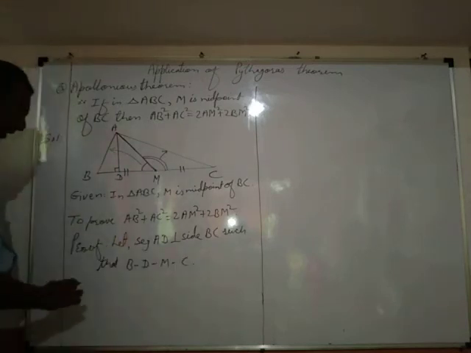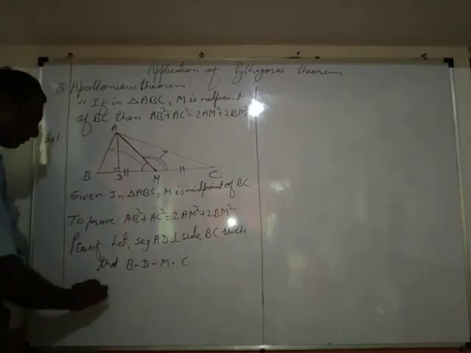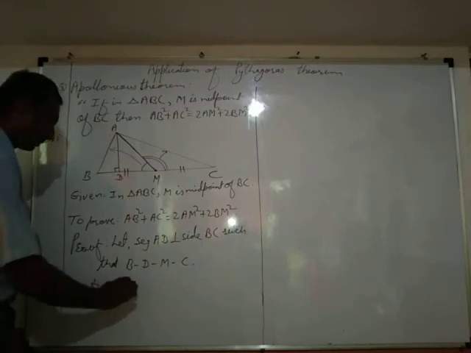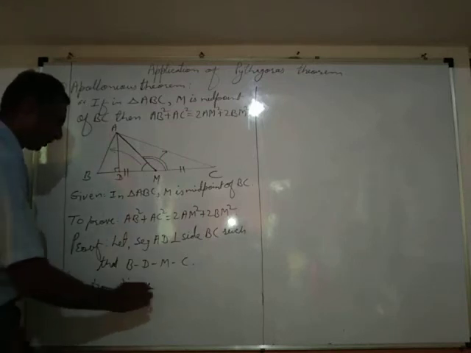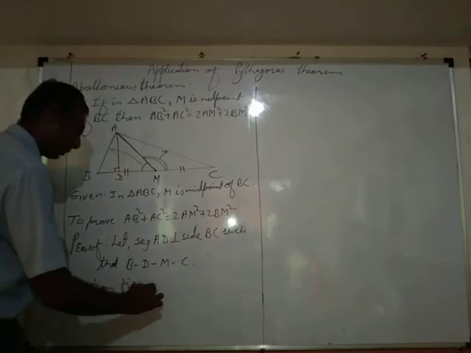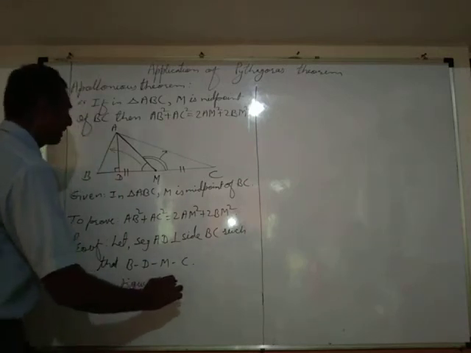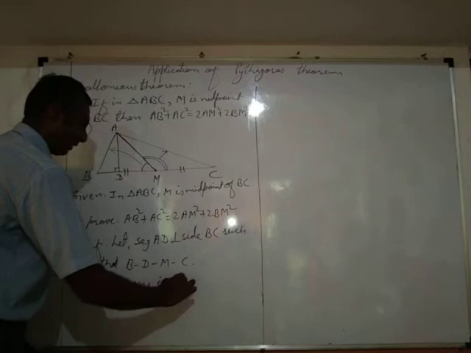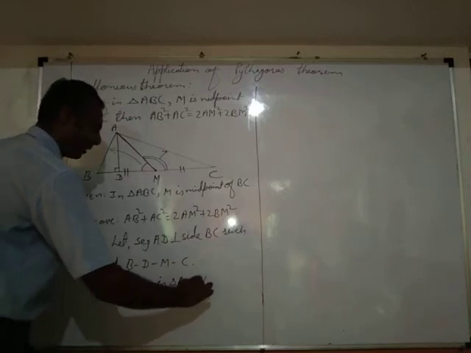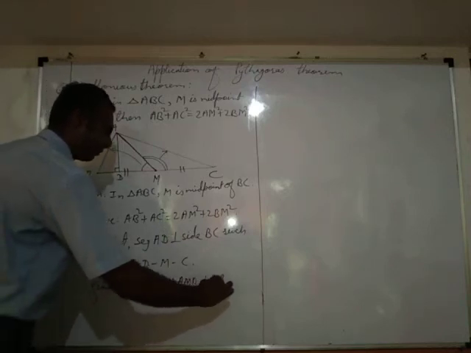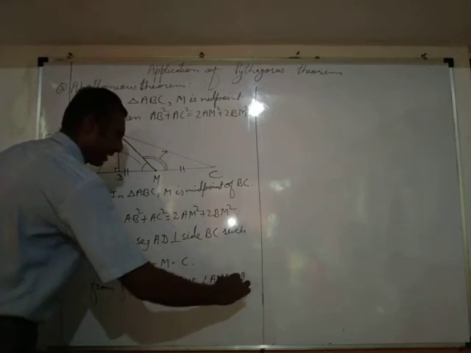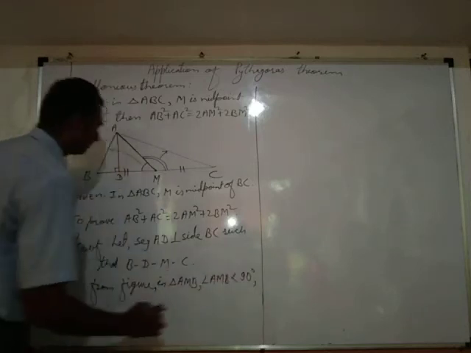Okay, and therefore from figure, in triangle AMB, angle AMB is less than 90 degrees.